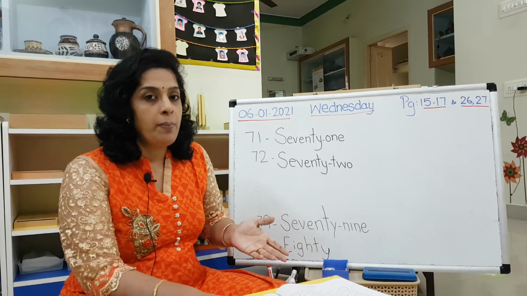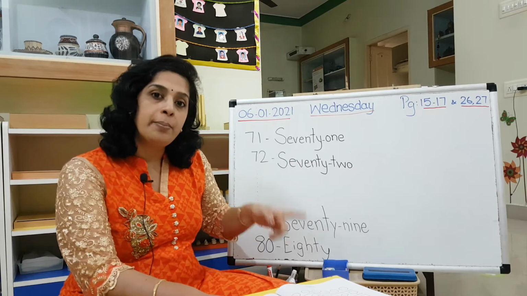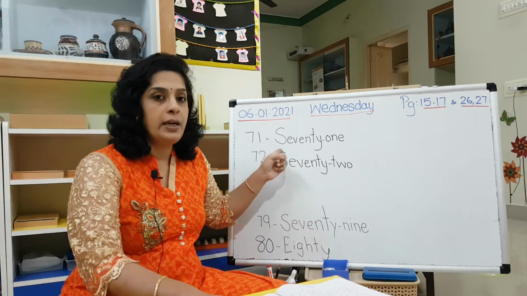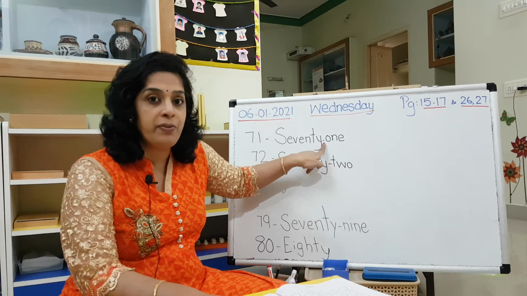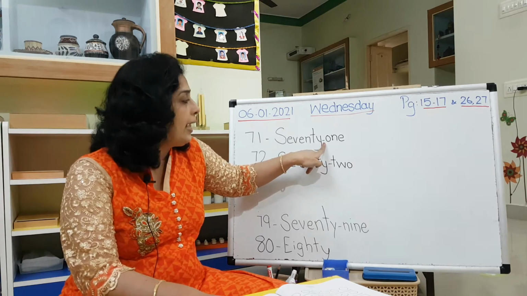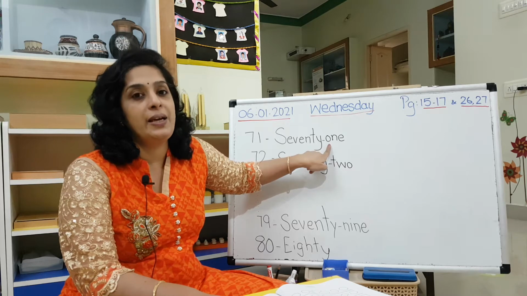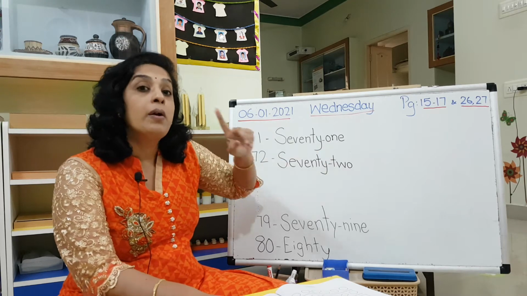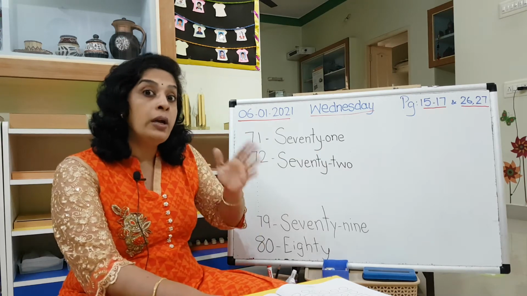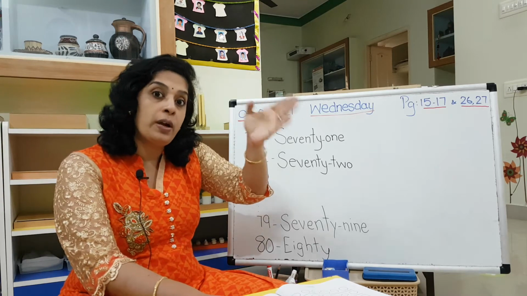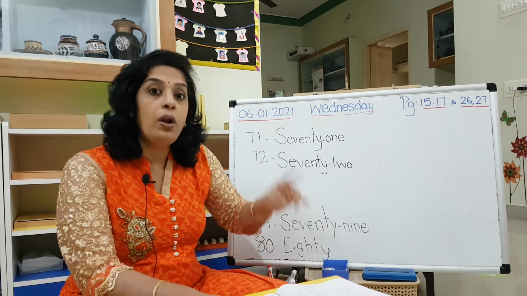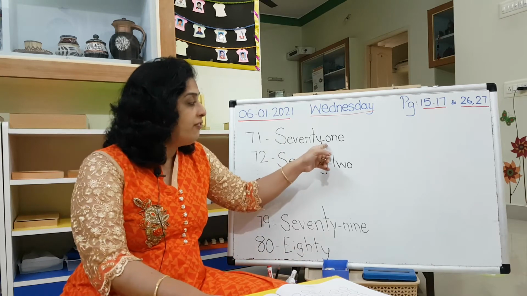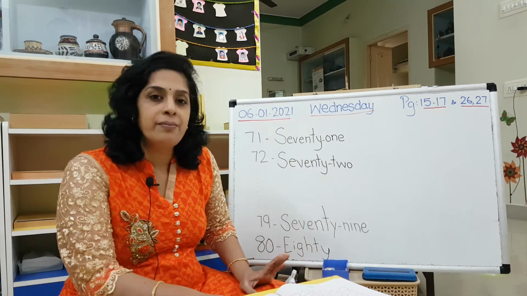Just for you to remember, let me tell you, a number name always begins with a capital letter. The second number will have one hyphen before that, and then it will be a small letter after that. But when you write your 1, 2, 3 number, the first one, that is all capital letter. When it comes after a hyphen, it will be a small letter.